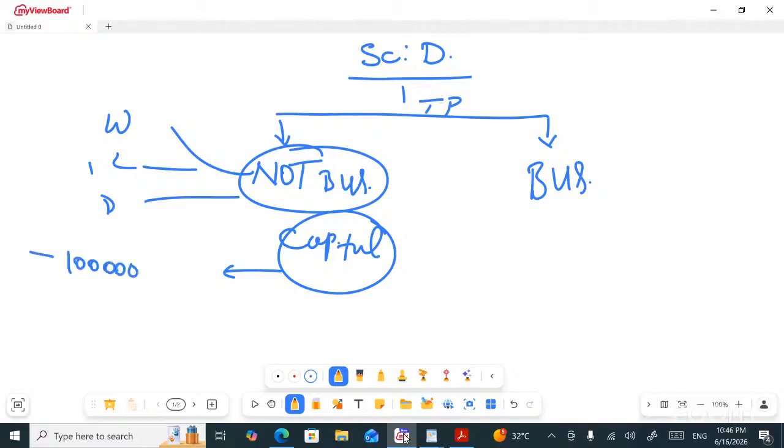Now the same property is sold for 22 lakh. So on that property, the profit generated is 21 lakh. This 21 lakh is not generated from wages, not from interest, not from dividends. It is nothing but capital gain.